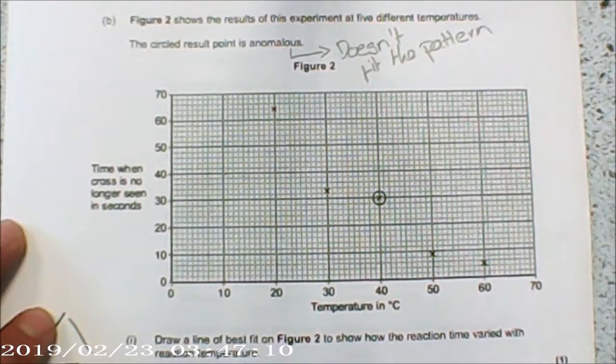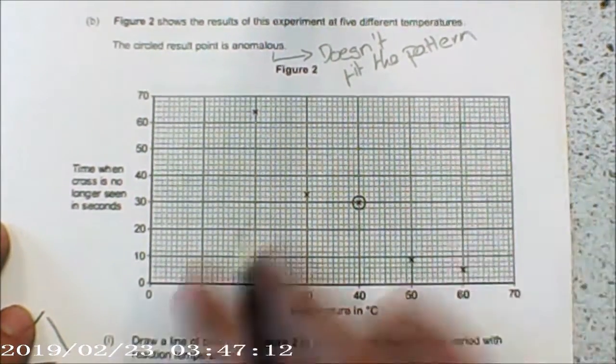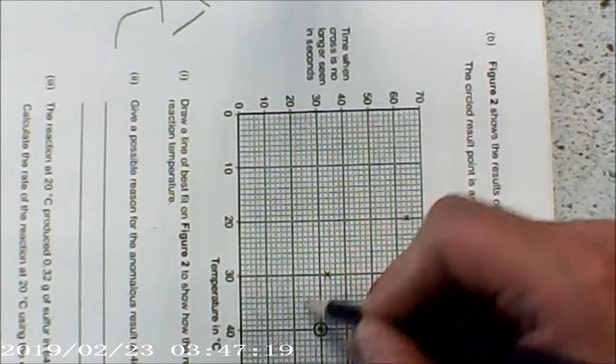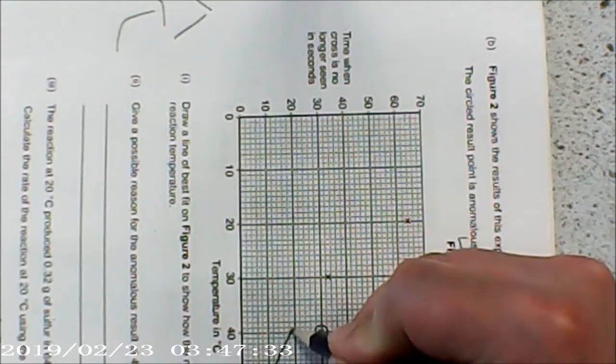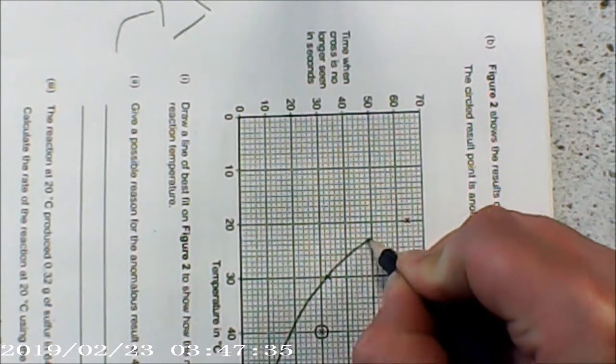We ignore any anomalies. So this circled one, we're just going to pretend it is not there. And it is not going to be a straight line. This looks like a curve. So you're going to start on either the first one or the last one, and then draw freehand. Remember what I said last time, I kind of pivot on my palm. So go through as many of the crosses as you can.